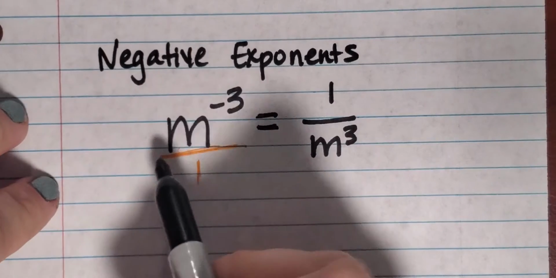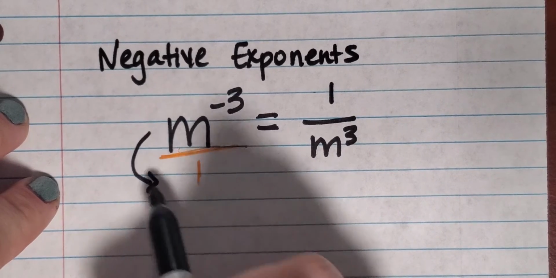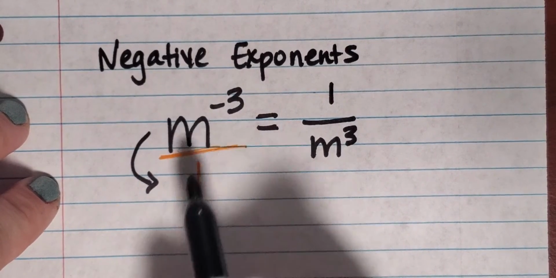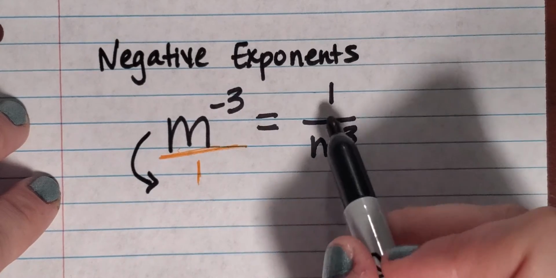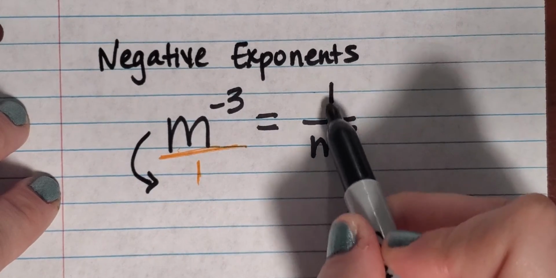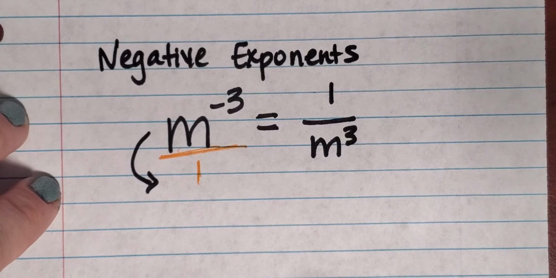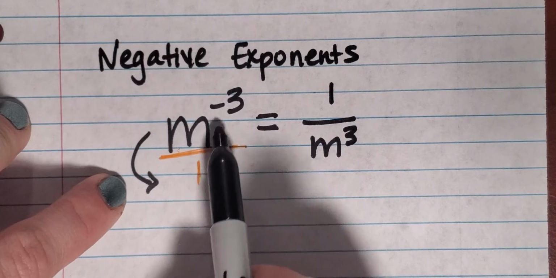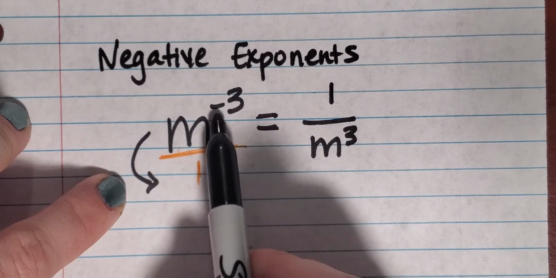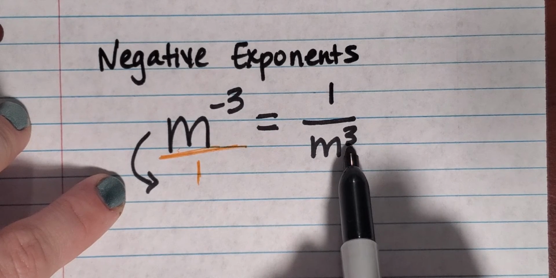So if it's on the top, it's going to move to the bottom. And once it moves to the bottom, then the placeholder of 1 is going to fill in its spot. Now once it changes the position, the negative sign goes away.